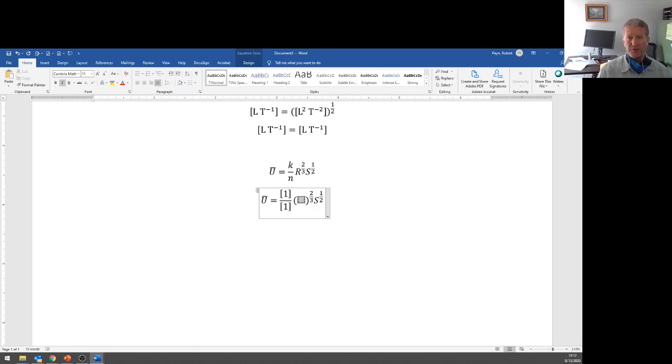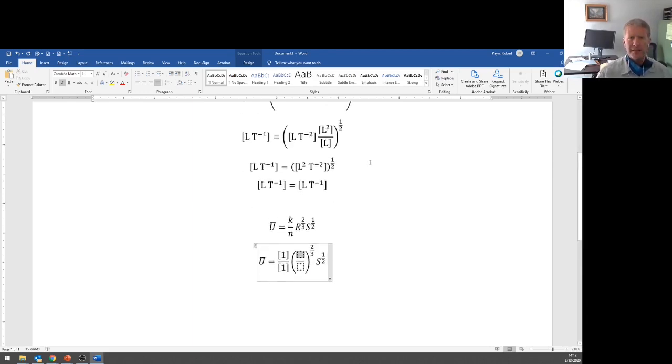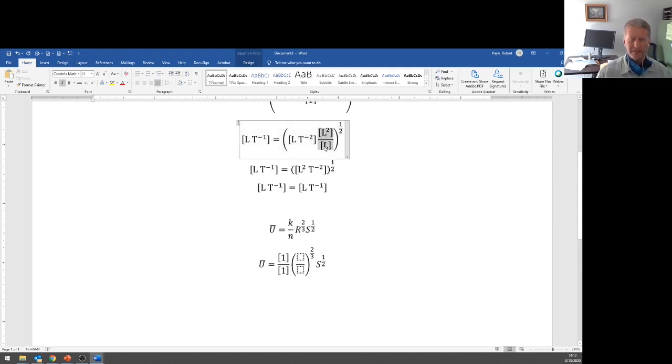And remember, the hydraulic radius is the cross-sectional area over the wetted perimeter, so I need a fraction here. And to save myself some work, I already have this right here, so I can do some cutting and pasting. And likewise, I can put a 1 in for my slope.